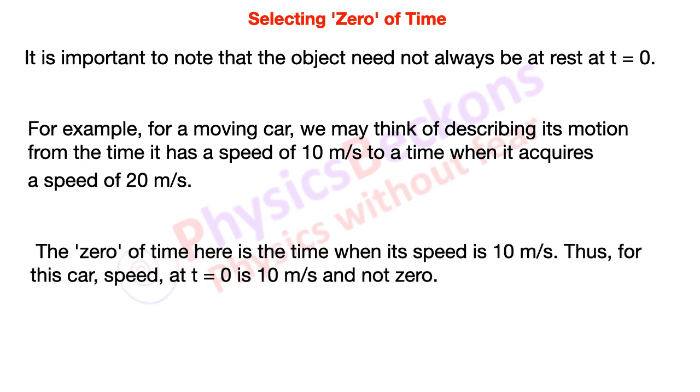The zero of time here is a time when the speed of the car was 10 meters per second. Thus, for this car, the speed at t equal to 0 second is 10 meters per second and not 0.